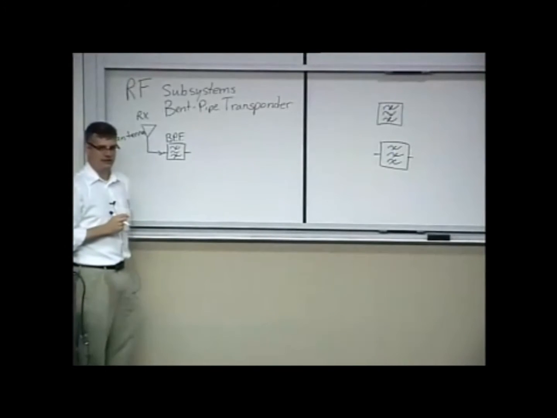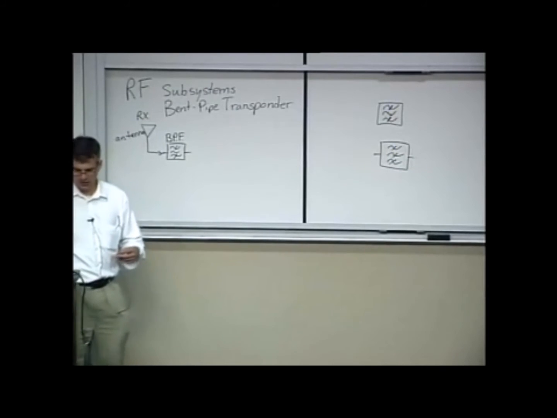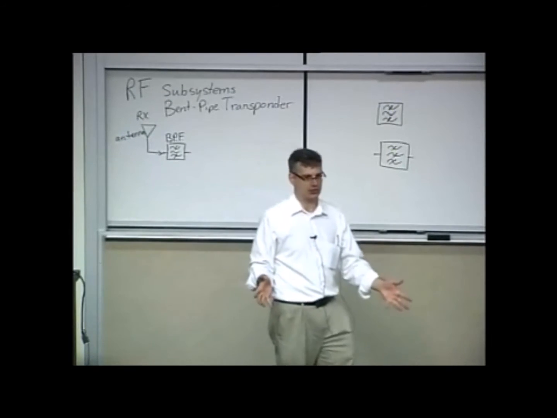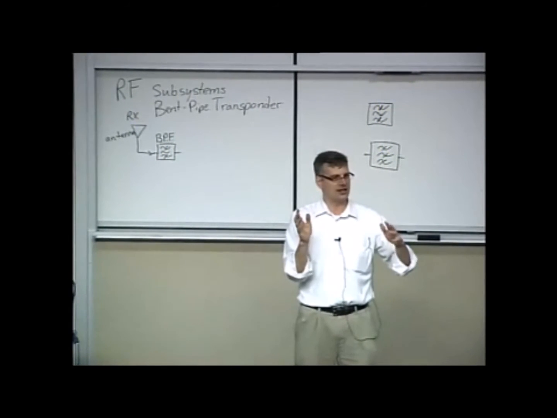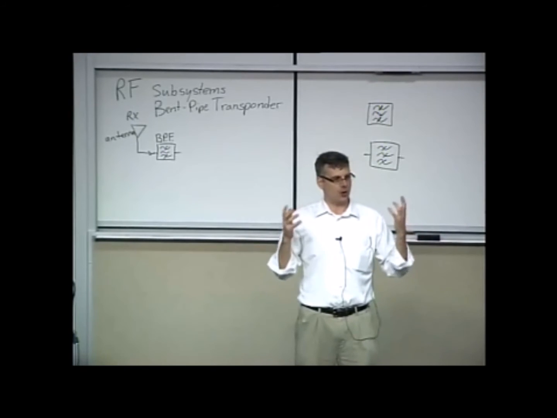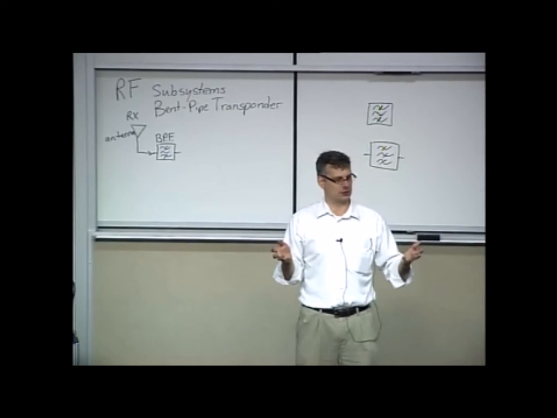Okay, you filter. Why do you put a bandpass filter there? Well, antennas tend to be resonant objects, which means they only receive over a narrow band. But there's no such thing as perfect exclusion. They're always going to receive some signal strength out of band. Even if they're not designed for that frequency, they're going to get something.